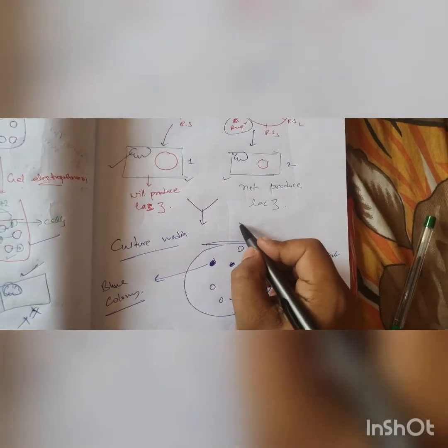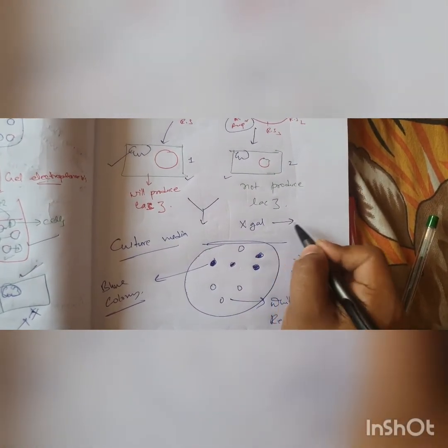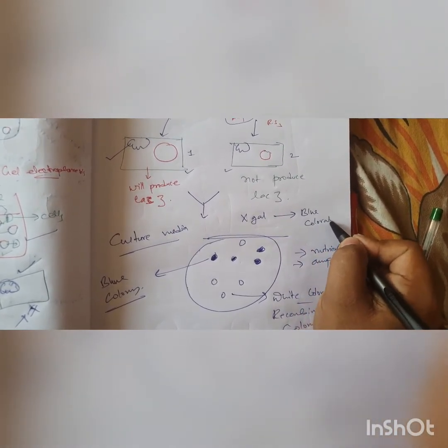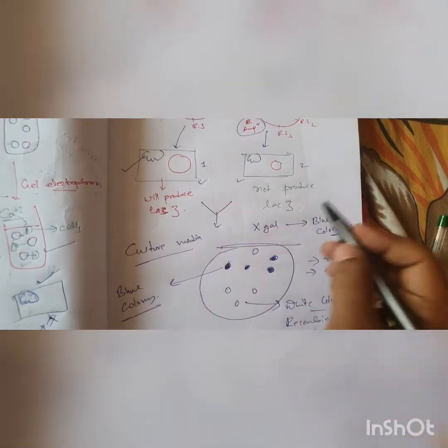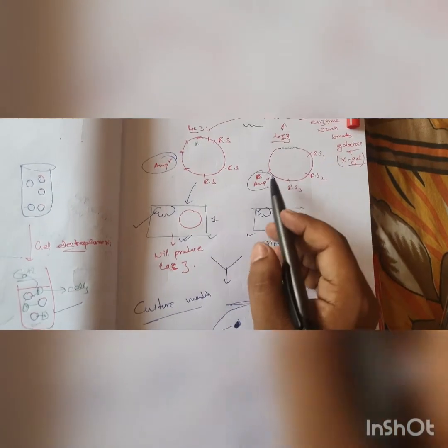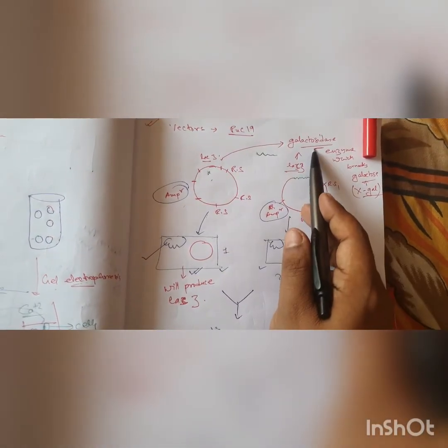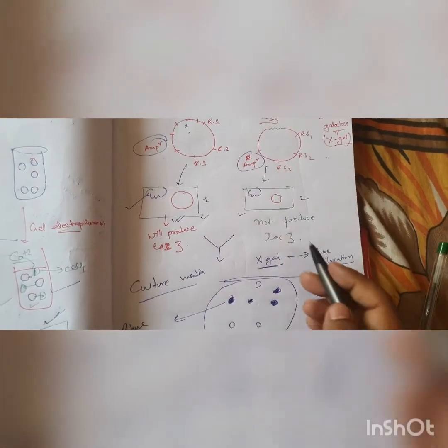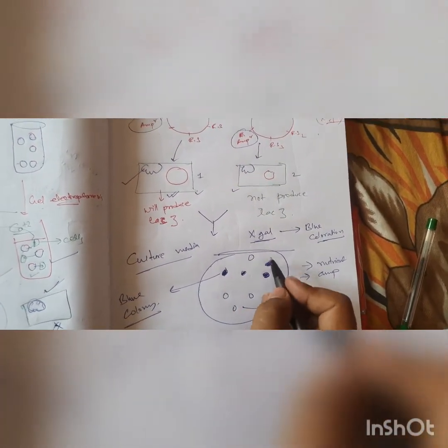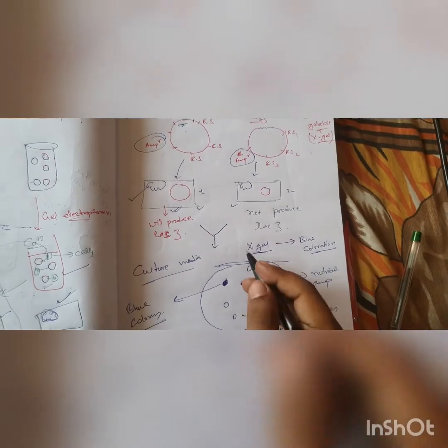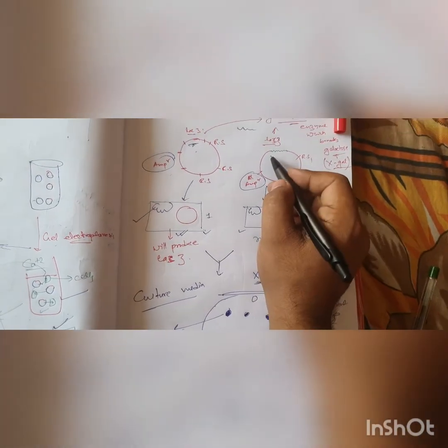The reason is X-gal when broken down gives blue coloration. So definitely when X-gal is broken down, this is the cell which was able to break down X-gal, because it produces the galactosidase enzyme. And when X-gal is broken down, blue coloration, so these are carrying the intact LacZ, yes or no? But the white ones are not able to break down X-gal because the gene is disrupted.